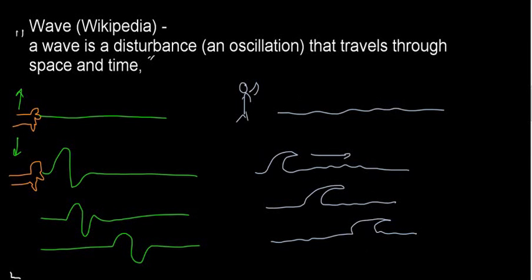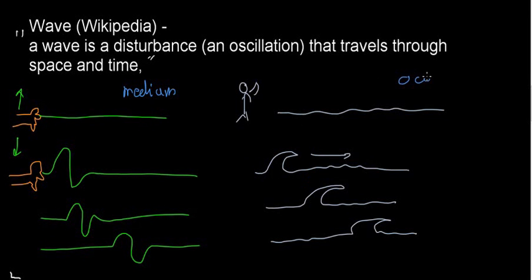And what's quite important to understand is that in these two cases, the disturbance that is propagating, either the wave or this little jiggle on the rope, they both have a medium. The medium is what it is propagating through.